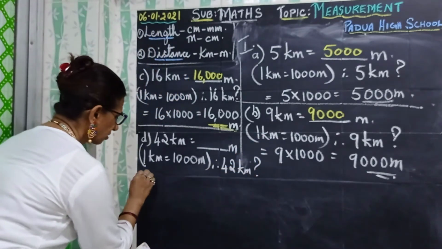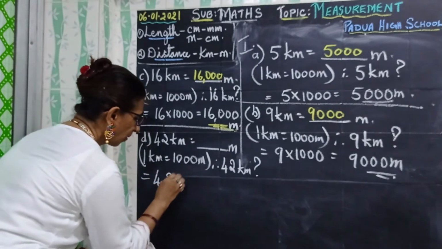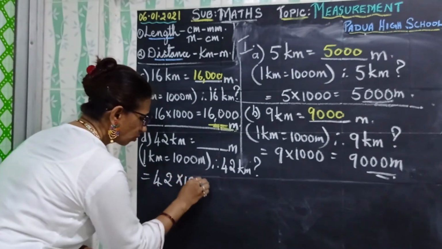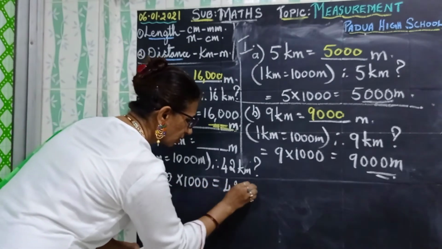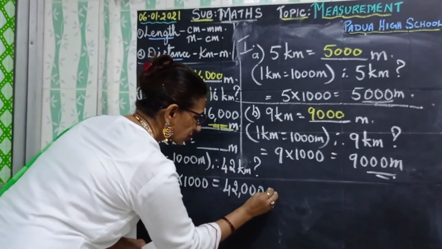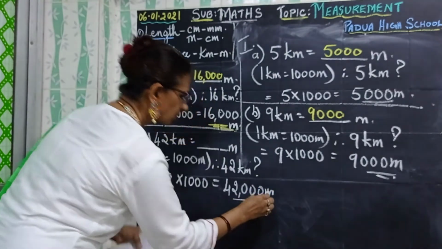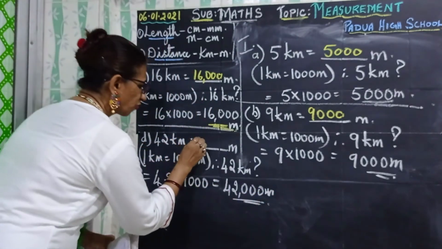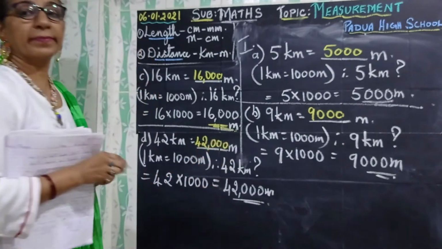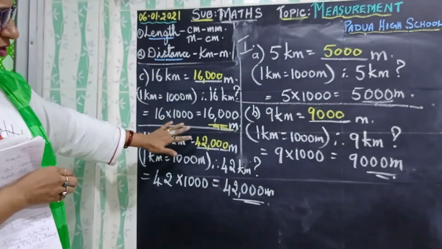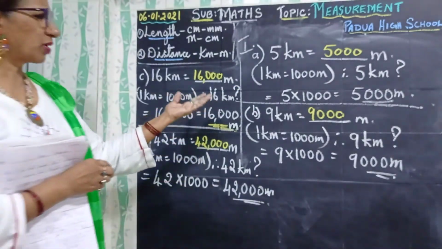That is equal to 42 multiplied by 1000, which is equal to 42,000 meters. So my answer is 42,000 meters. Have you understood, children? So this is how you have to do it, because this is very simple.